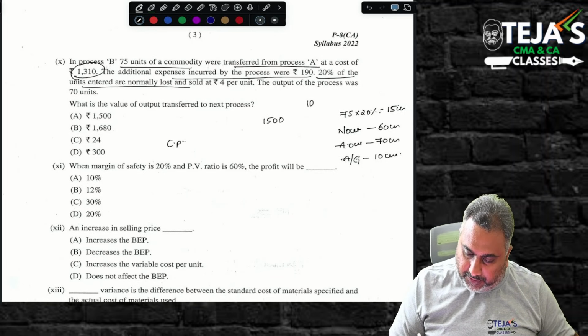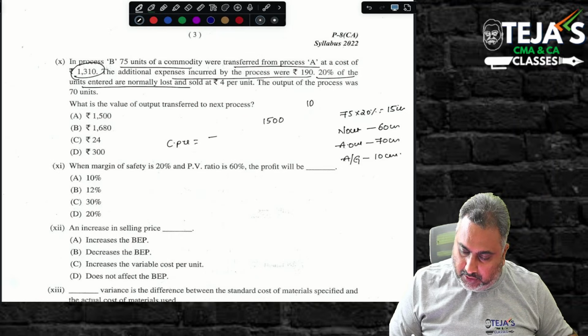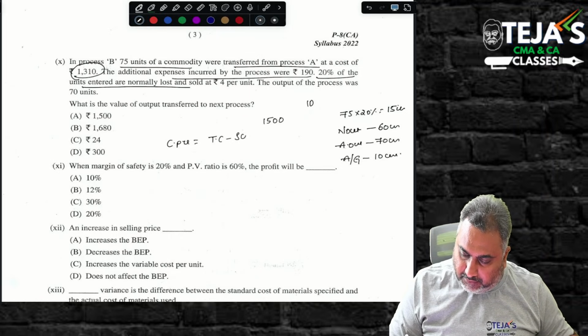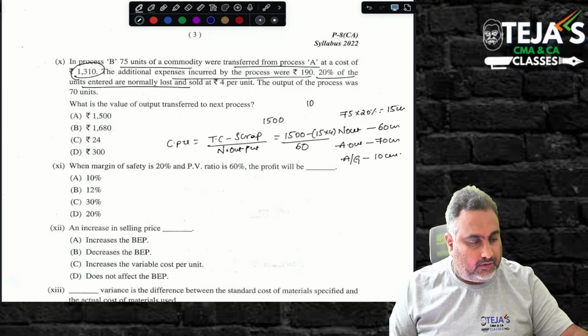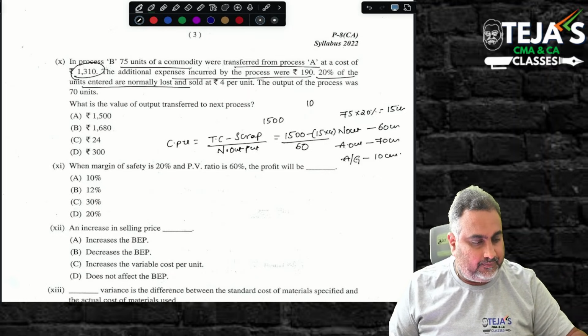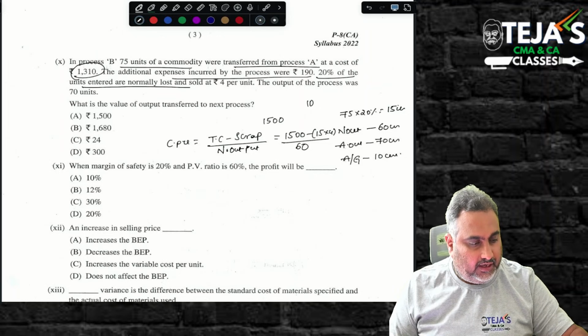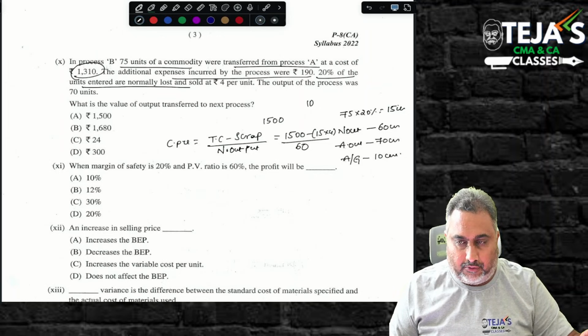What is the cost per unit formula? Total cost of the process minus scrap realized divided by normal output. That is equal to 1500 minus 15 into 4, divided by 60. So that is equal to 1440 divided by 60, 24 per unit.